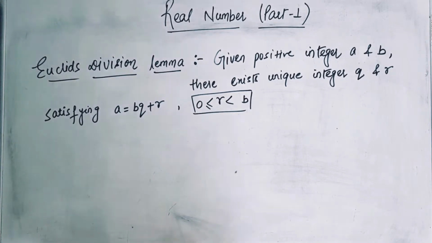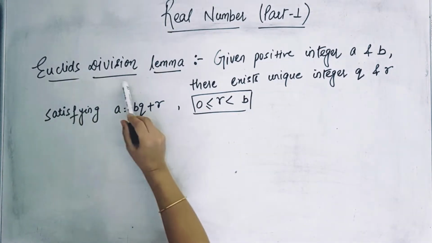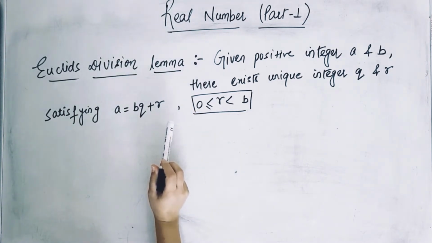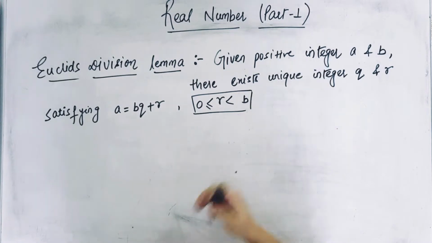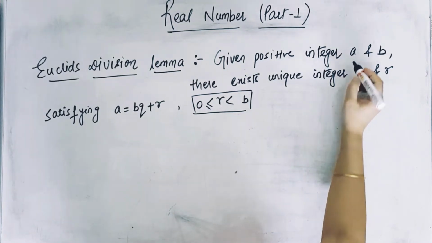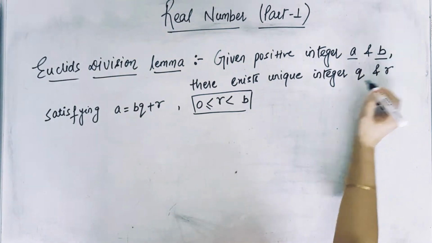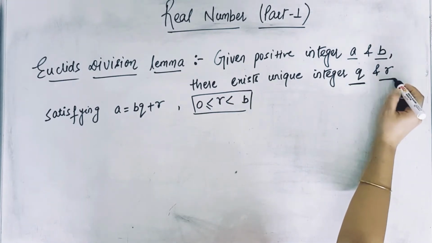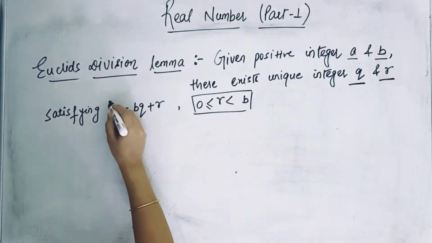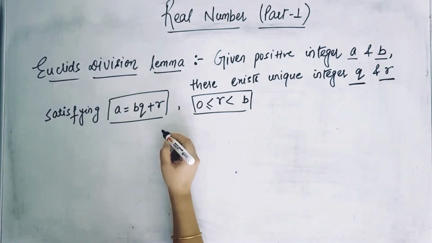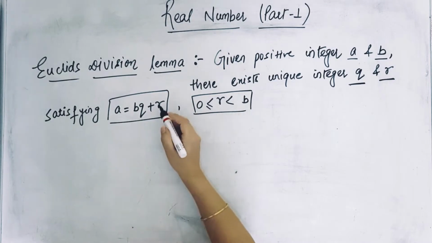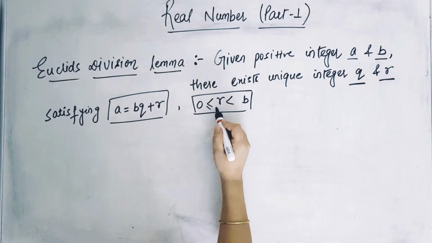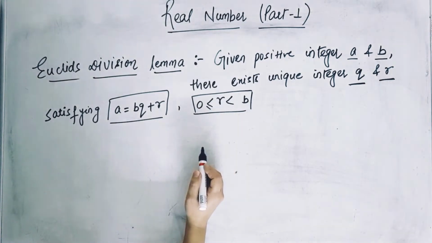So now we are going to start with Euclid's division lemma. This theorem says that if we are provided with two positive integers, a and b, then there exist unique integers q and r which satisfy a equals bq plus r, but the condition is that the value of r should be greater than or equal to 0, but less than b.